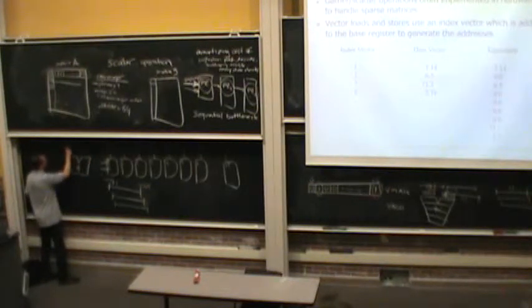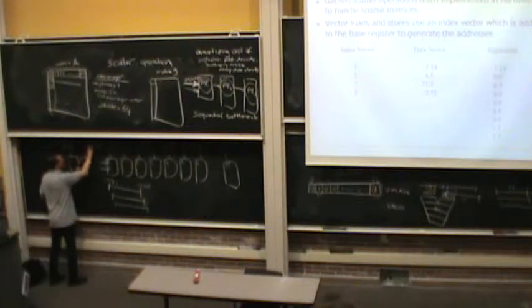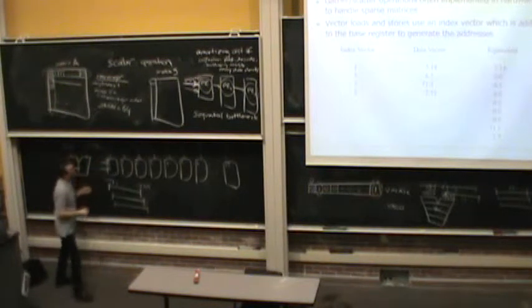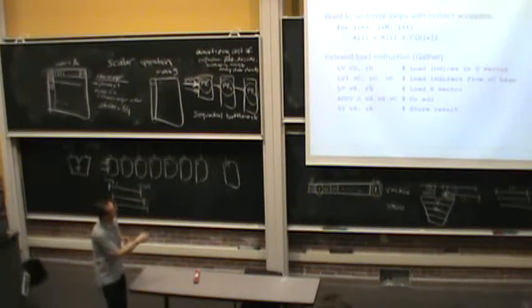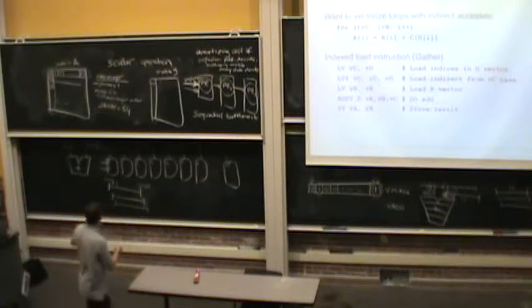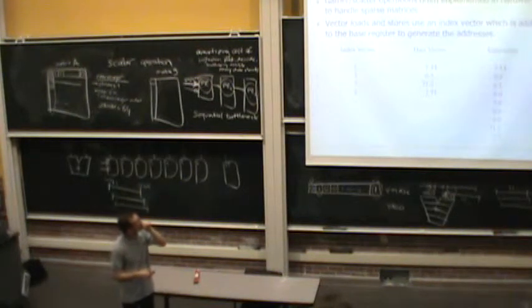You had this base register that took the stride here. Well, in this case, you really get your index from a register, if you want. In this case, your register will be specified by the vector register D. So for each element, that's what you generate. Okay?